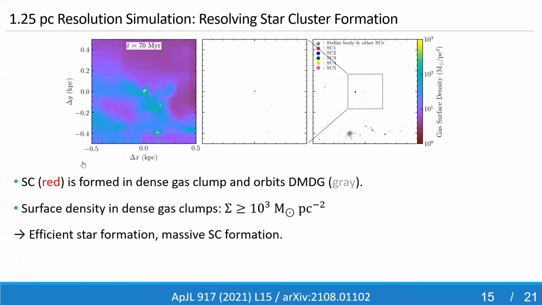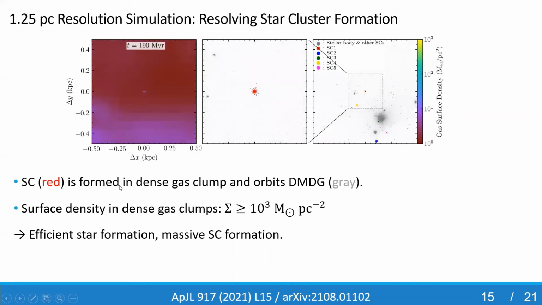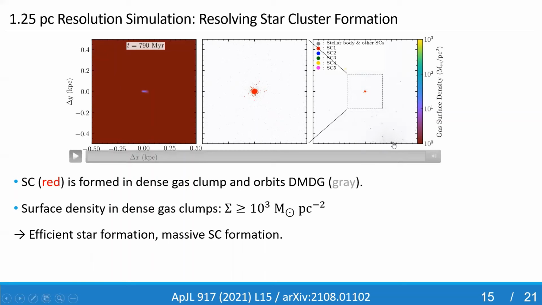So here we present a movie that shows the formation of star clusters and their orbital motion. You can see the star cluster particles, red particles, are formed in a dense gas clump at the beginning of the movie, and they orbit the DMDG here, which is indicated with gray particles.